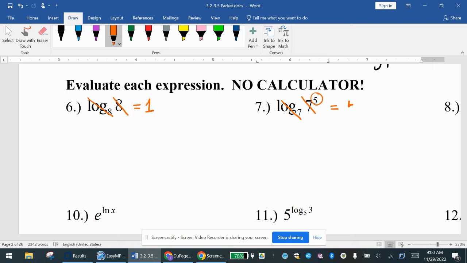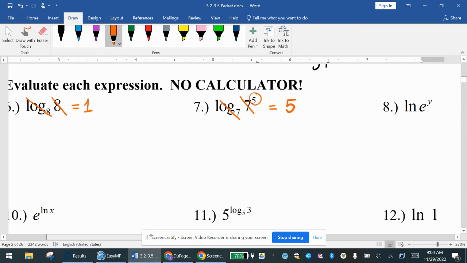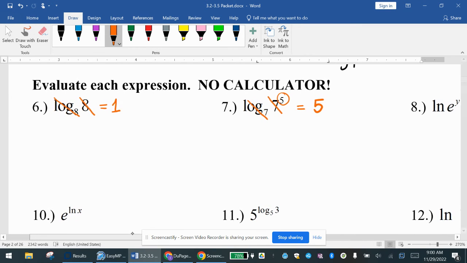So then 1 times 5 is 5. Okay. So think about over here, this previous one, number 6. Log base 8 of 8. 8 had a little 1 here, right? So when those cancel, you just get whatever's left over.